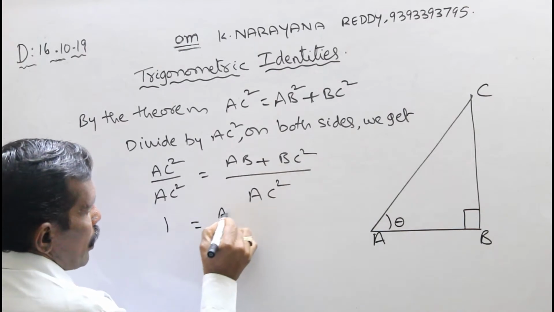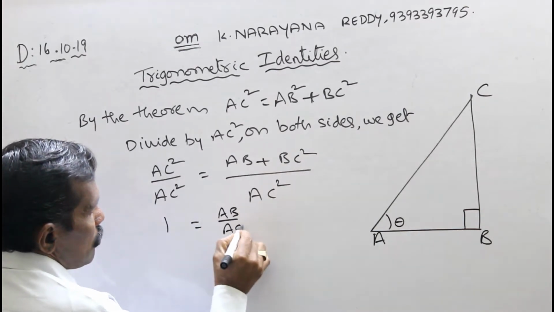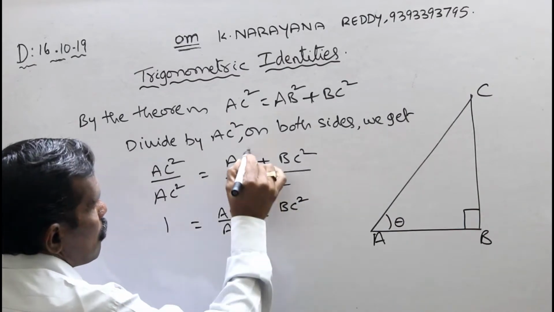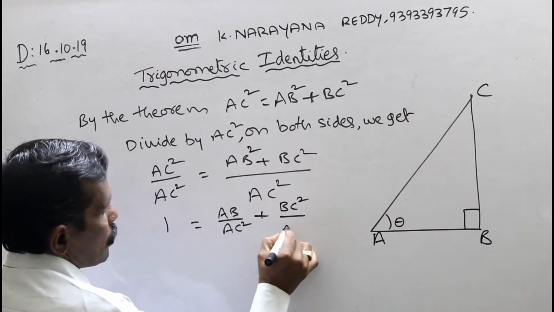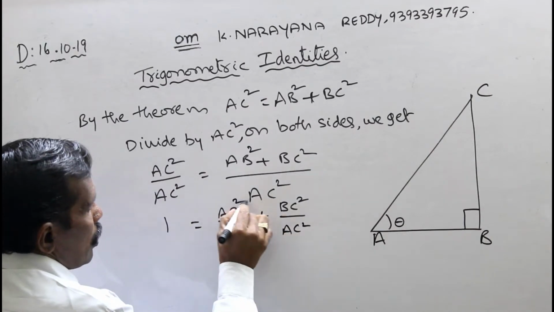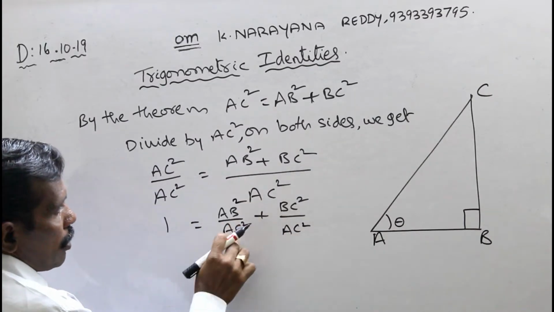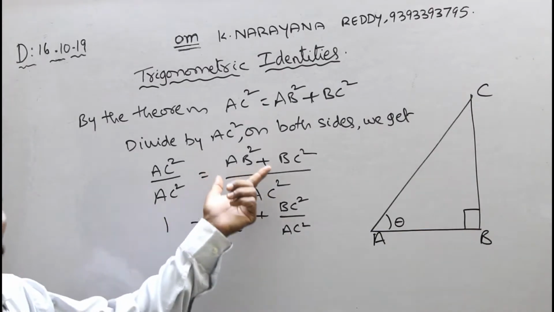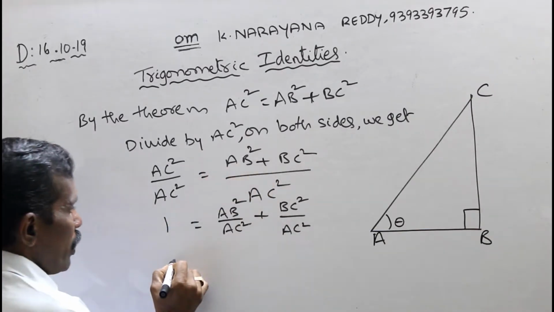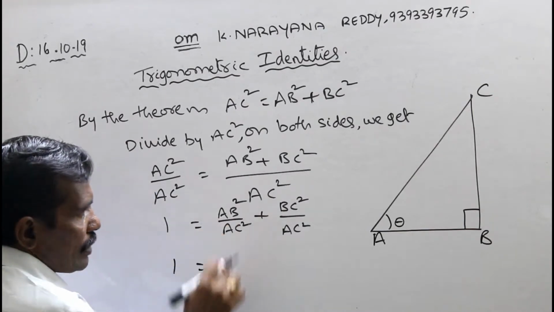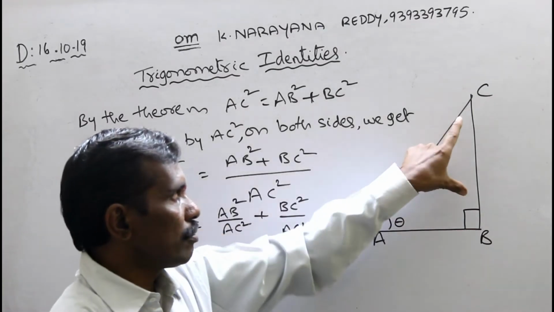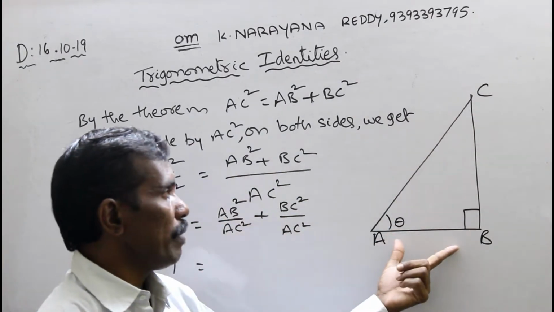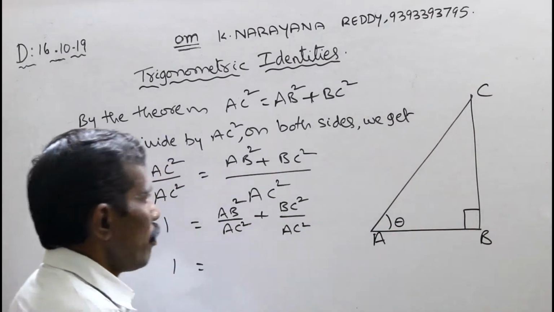Now, AC square gets cancelled, that is 1. AB square by AC square plus BC square by AC square, separating the values. Now 1 equals, what is AB by AC? AB square by AC square. AB is the adjacent side by the diagonal square.